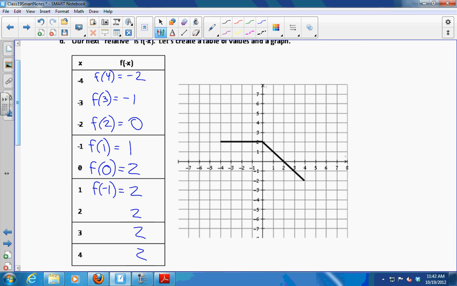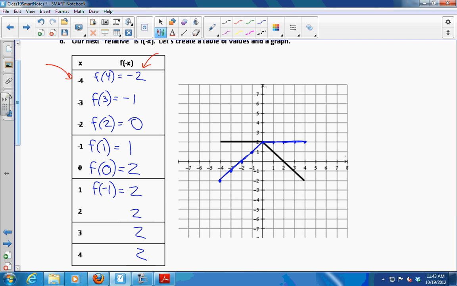So then if I plot them, I have negative 4, negative 2, negative 3, negative 1, negative 2, 0, negative 1, 1, 0, 2, 1, 2, 2, 2, 3, 2, 4, 2. And connect them. And I end up with that graph that's blue. Okay, I was plotting, these are my x's, these are my y's.